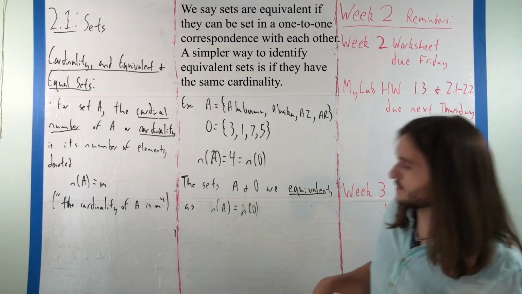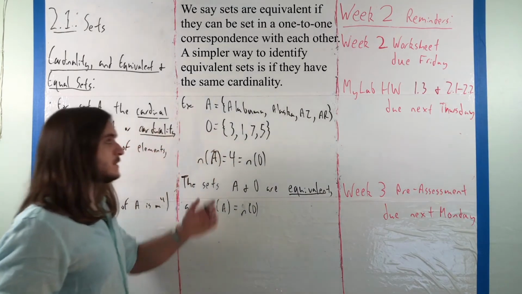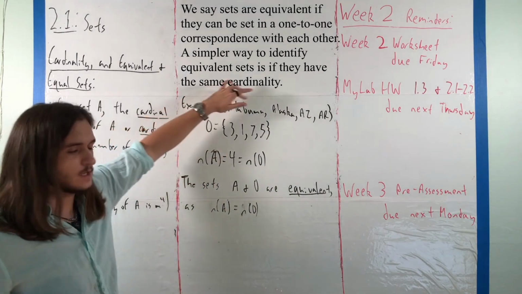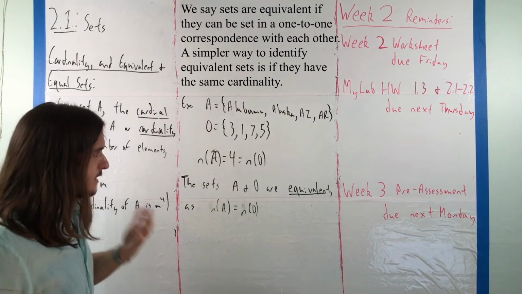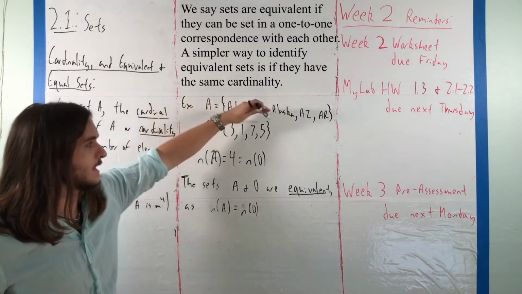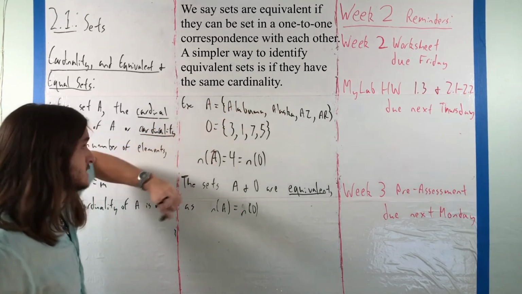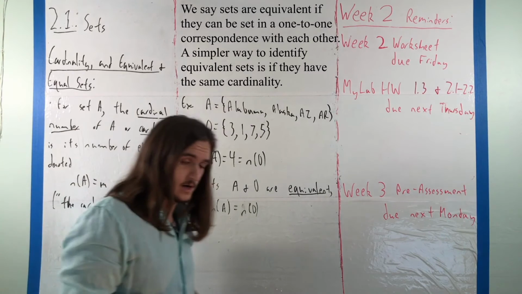I guess that's where the name has a bit more meaning. What that means essentially is we can attach each item in one set to one of the other. So we could say that Alabama goes to 3, Alaska goes to 1, Arizona goes to 5, and Arkansas goes to 7, or scramble that order however you want.